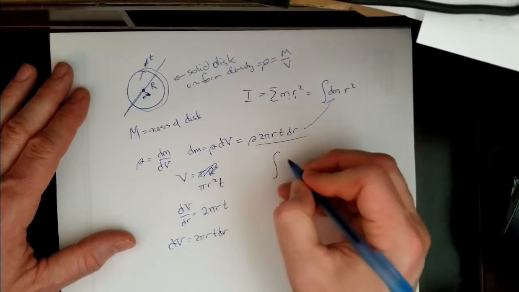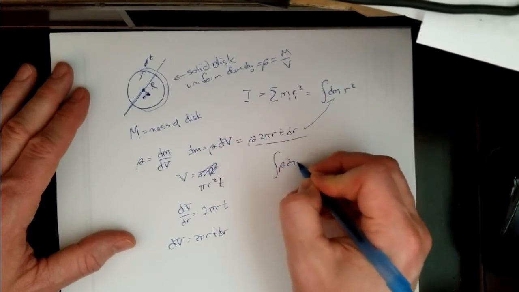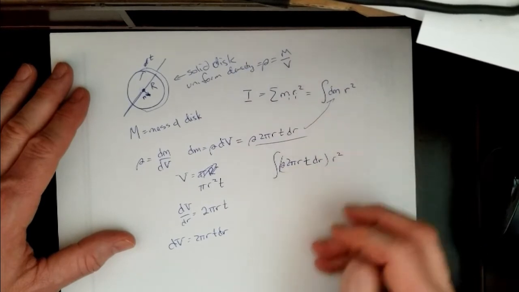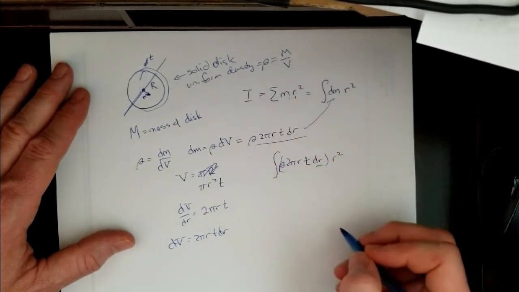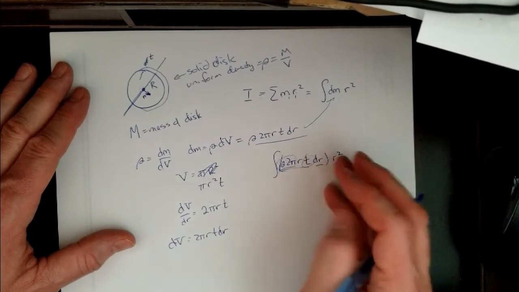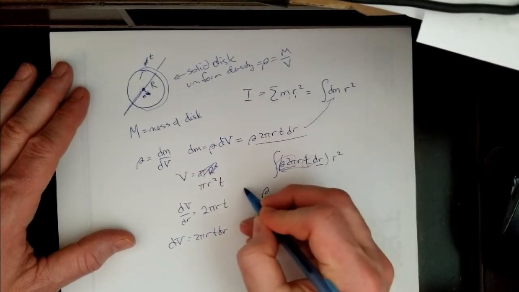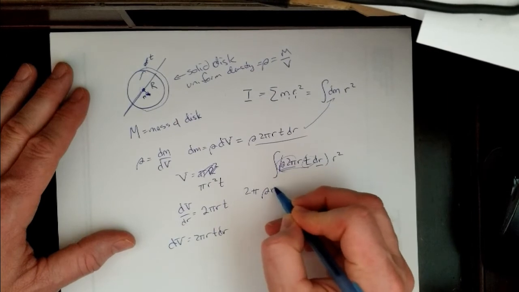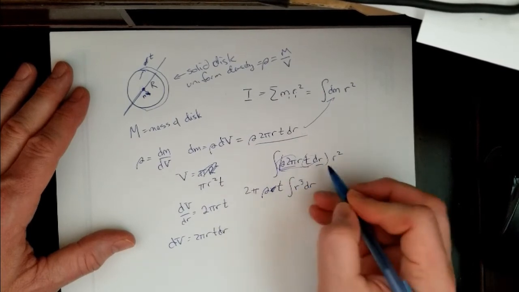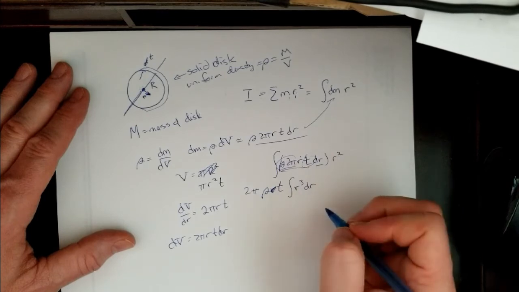So I'm now integrating rho 2 pi r thickness dr times r squared. We now have a single variable here because those and that are constants. So I'm going to pull that out front. So this is 2 pi rho t, integral of r cubed dr, because I have an r there and an r squared there.